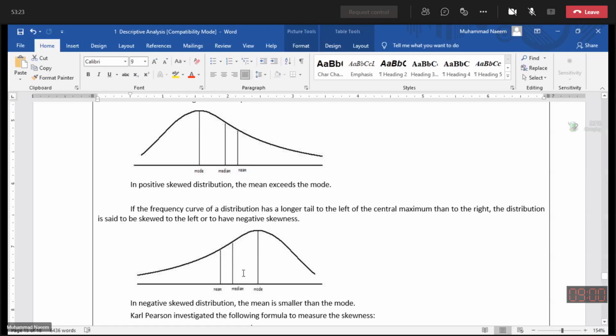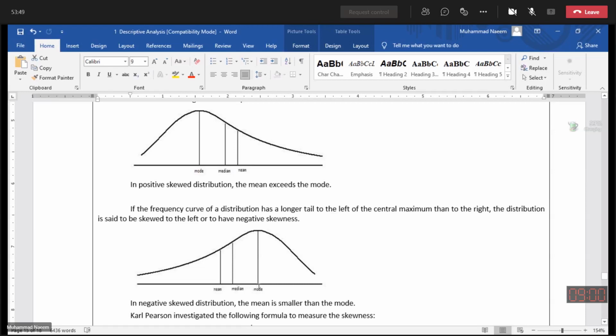In case of negatively skewed, these measures are reversed. Mean value becomes the least value and mode becomes the largest value among these three, and median remains in between these two.